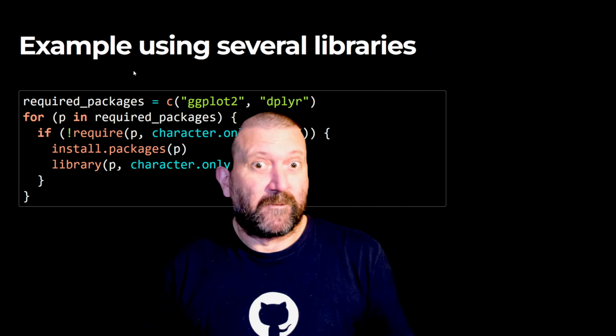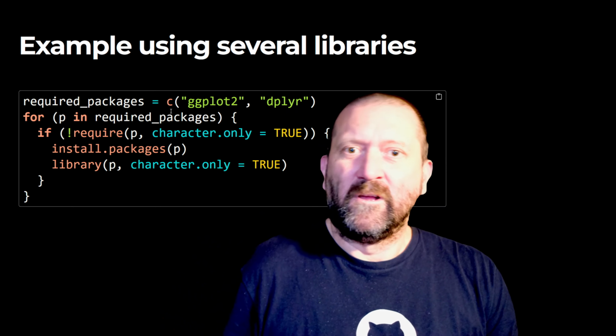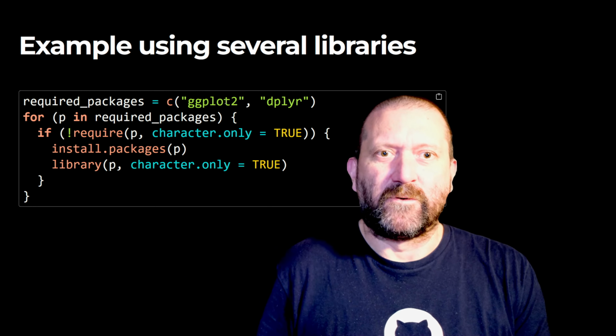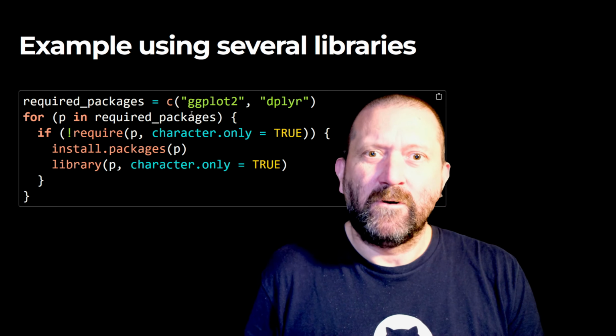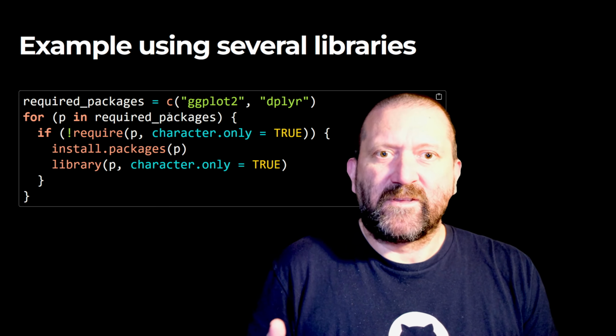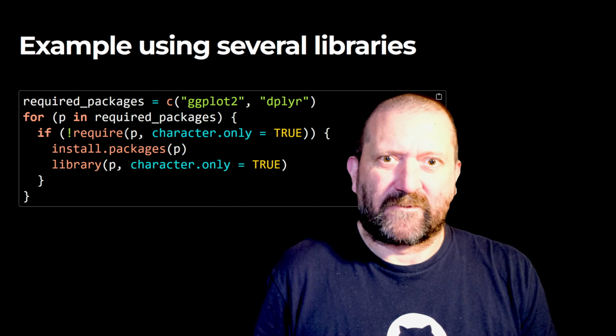So, for example, if you wanted to do it with two libraries, I take the same example I had before. Suppose I want my user to be able to use ggplot2 and dplyr, then all I need to do is loop on these packages that are required, that I've put in this vector.